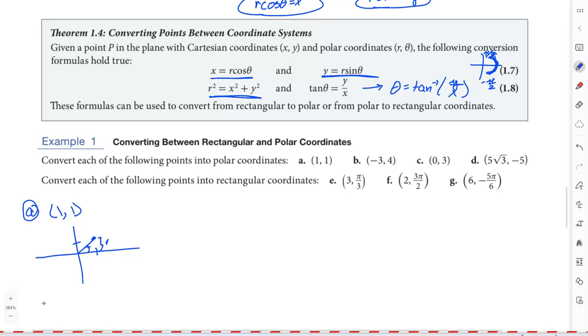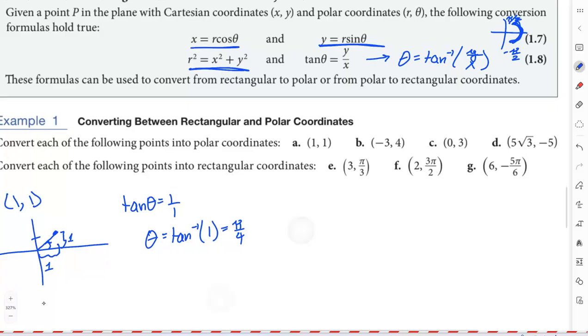I know my y value is 1, and I know my x value is 1. So tangent of theta is equal to y over x. If I take the inverse tangent of both sides, I'm going to take the inverse tangent of 1, and that's going to be pi over 4. Since this is in the first quadrant, that will be my theta value.